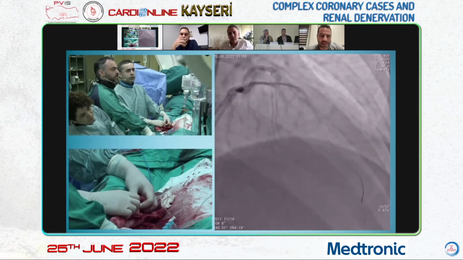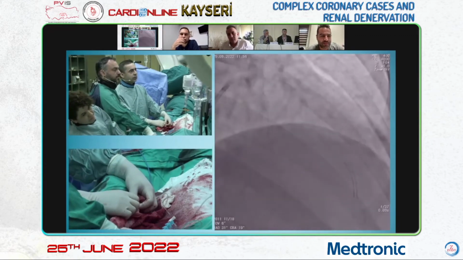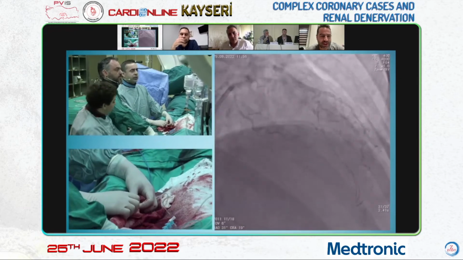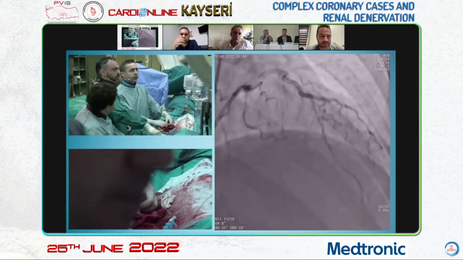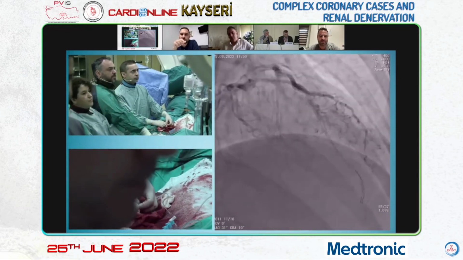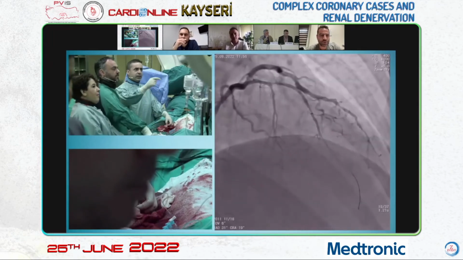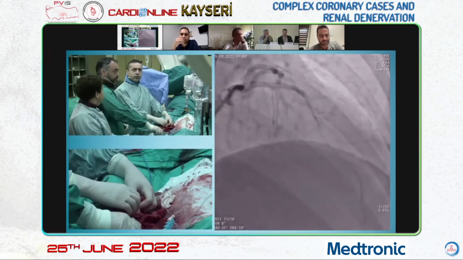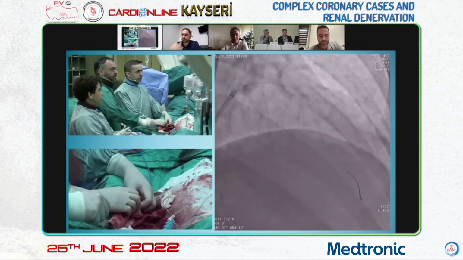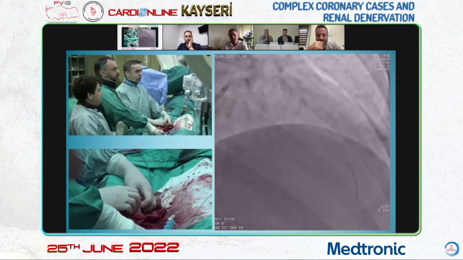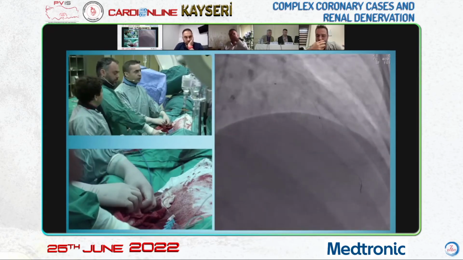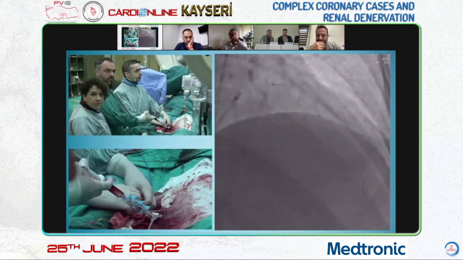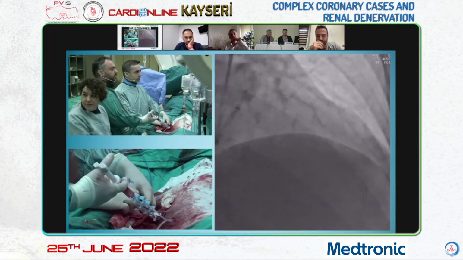Sefa Nihat abi, the wire is true, right? It seems that there are small dissections. We decide based on IVUS generally in the cases.